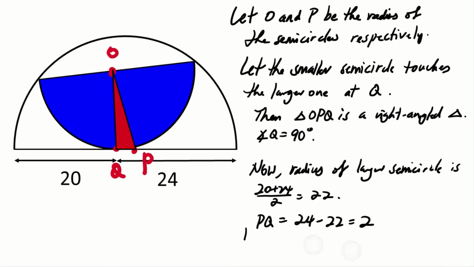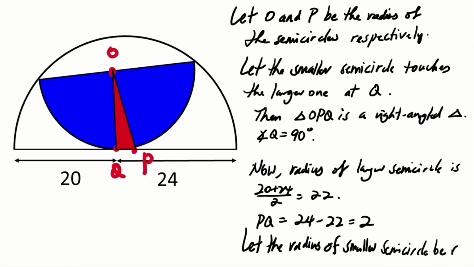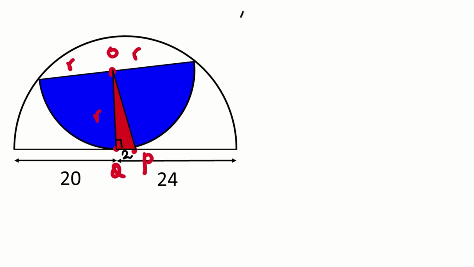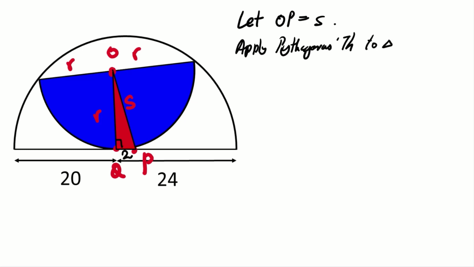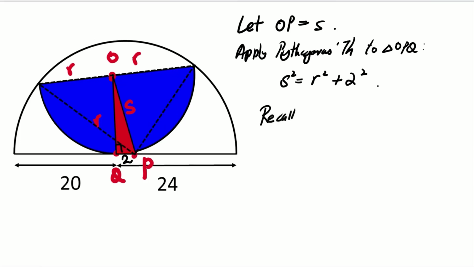Next, let R represent the radius of the smaller semicircle and let S be the length of OP. Applying Pythagoras' Theorem to the triangle OPQ gives S squared equals R squared plus 2 squared. Remember, the radius of the largest circle is 22.